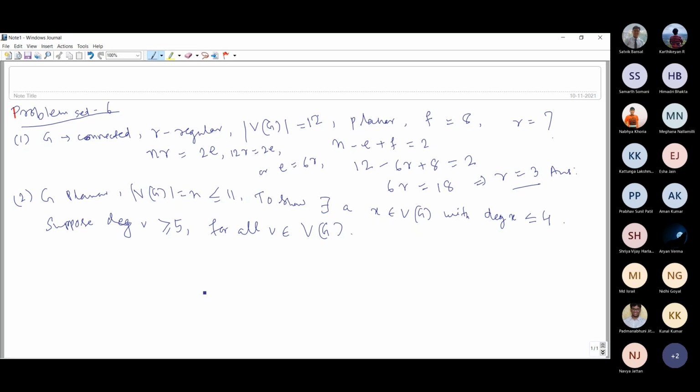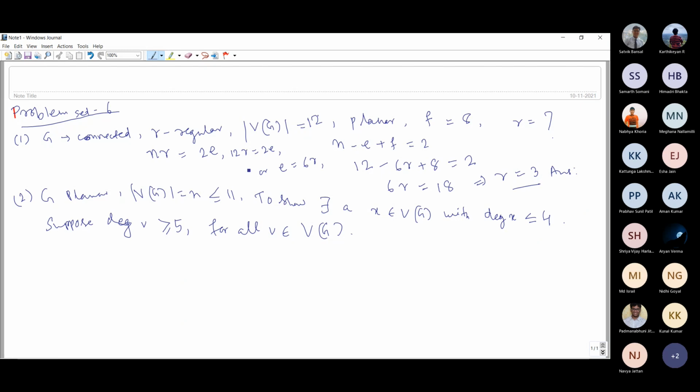See here, the number of vertices n is less than or equal to 11. It is given. Okay, so that also we can use. Before that, you tell me, in a planar graph on n number of vertices, a planar graph can have at the most how many edges?